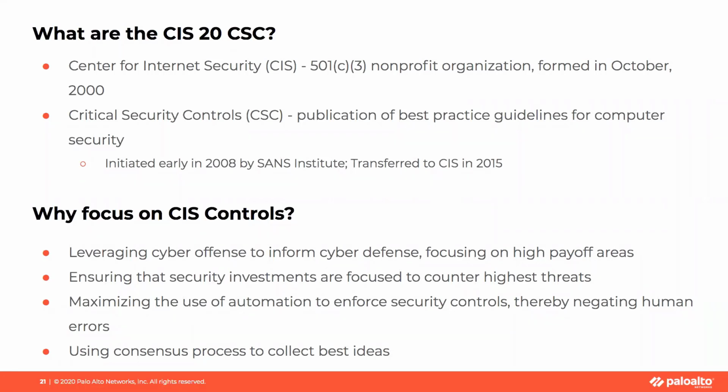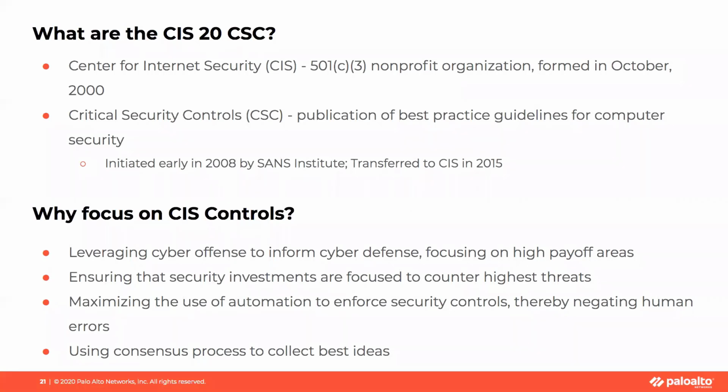Those of you that aren't familiar with CIS, it's the Center for Internet Security. It's a 501c3 nonprofit organization that was formed in October of 2000. One of the things they're most known for currently is the CSCs, the critical security controls, or the top 20 people typically reference.